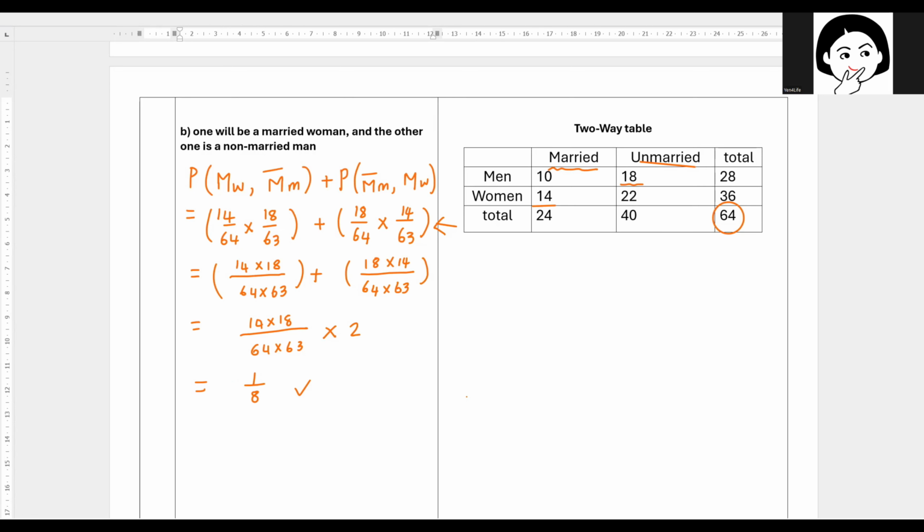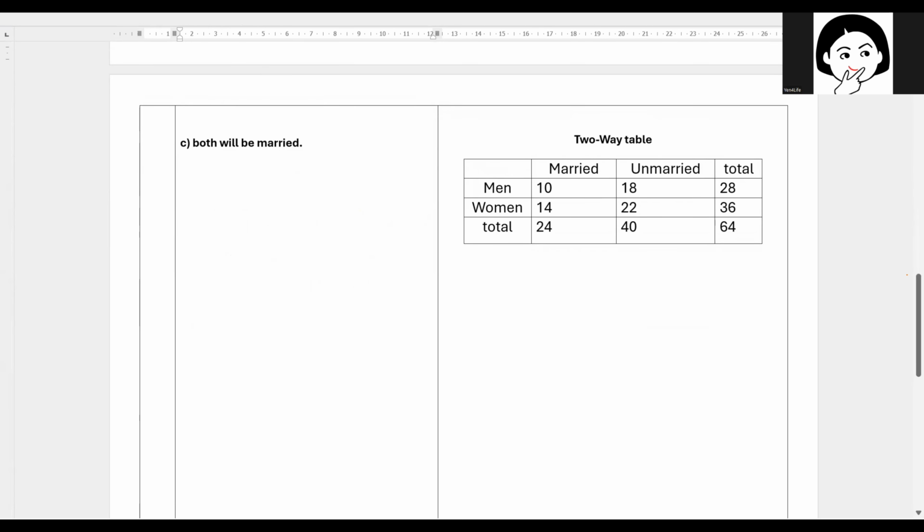Okay, so next question. Part C, find the probability that both will be married. I will still use the two-way table here, finding the probability, capital P, of both married. Now, the good thing about using the two-way table is you don't have to do 4 cases like married man, married woman, one case, and then swap around for the second case.